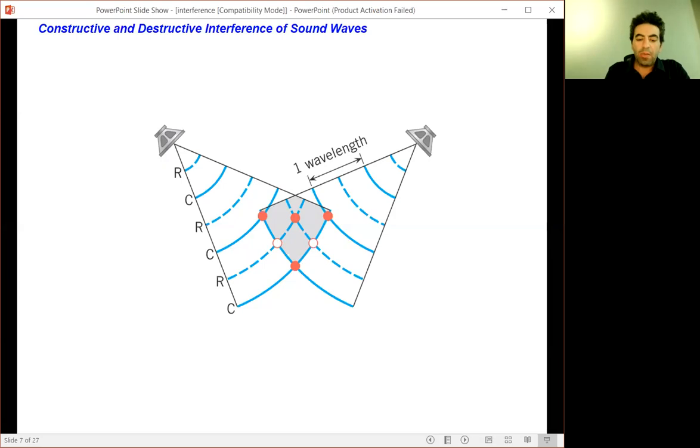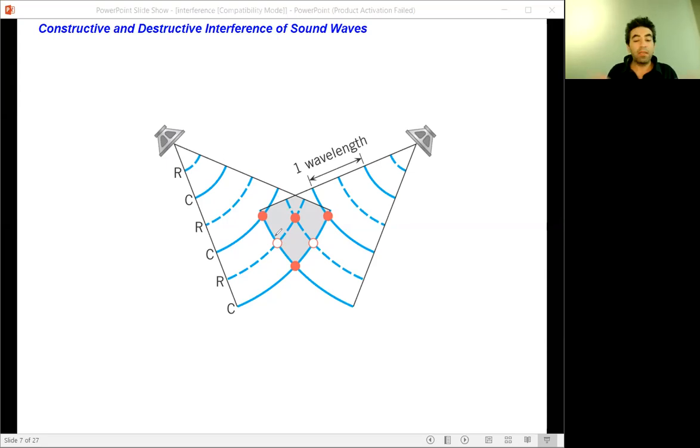So I want to know really where these different locations are. I want to know what determines the locations at which things would constructively interfere and what determines the locations at which things would destructively interfere. So I'm trying to find out the condition for these constructive and destructive interference from two different waves.